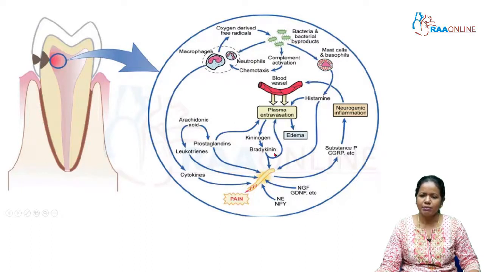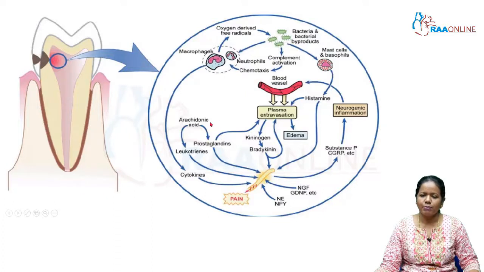And at the same time, there is release of certain inflammatory mediators at the site of inflammation. There is release of bradykinin, prostaglandins, leukotrienes from the arachidonic acid, and cytokines. So these inflammatory mediators are responsible for the response of pain. So whatever may be the response, whether heat or cold or pressure, the tooth responds by pain.